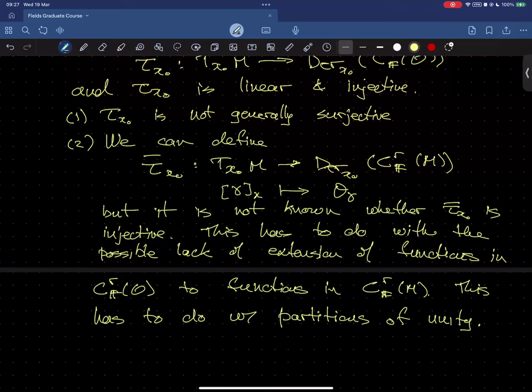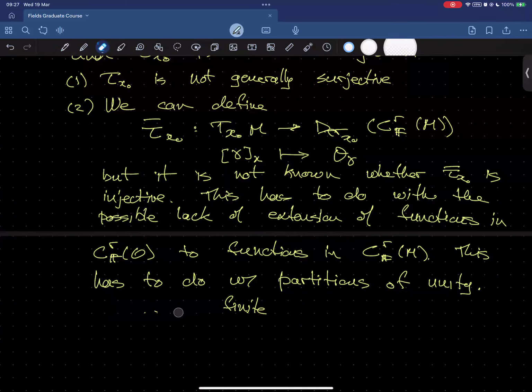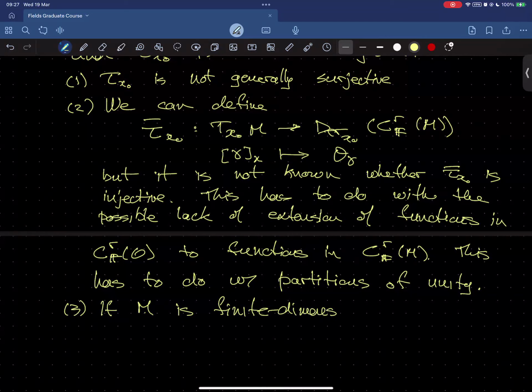So where do the problems arise here? If M is finite dimensional, then life is good.